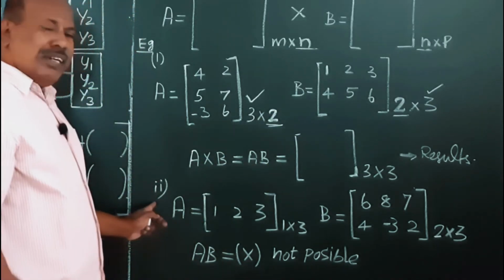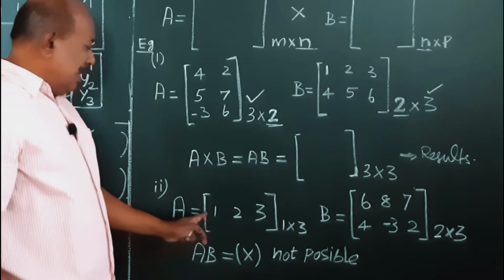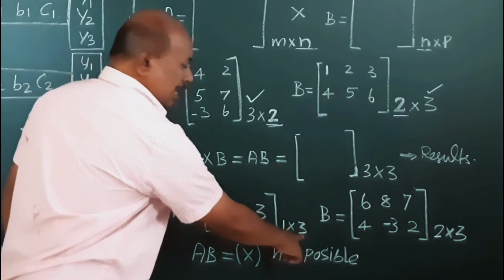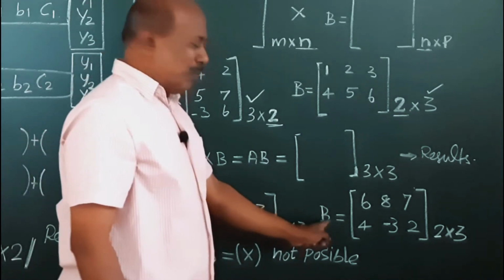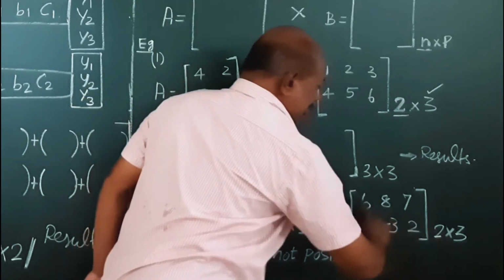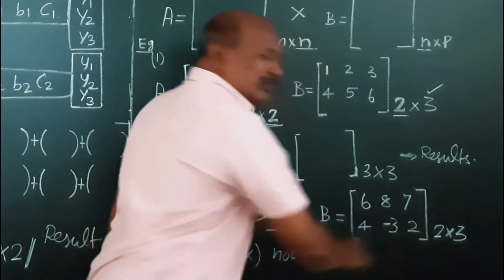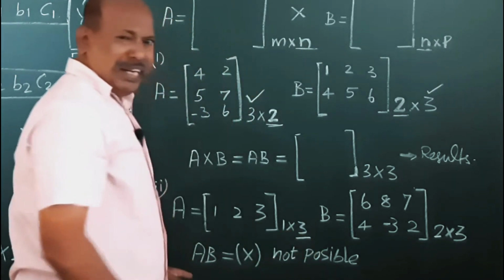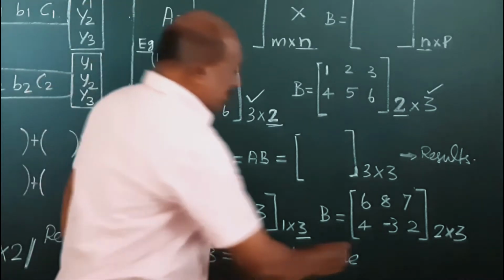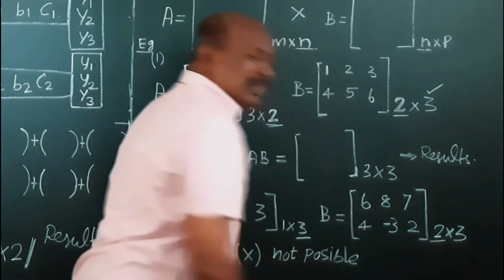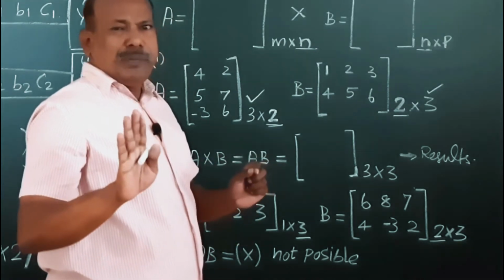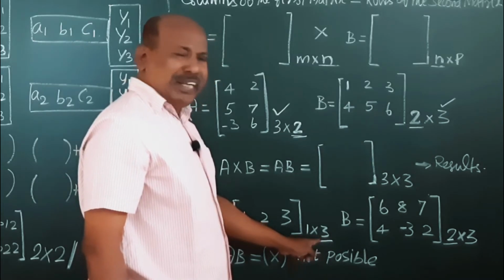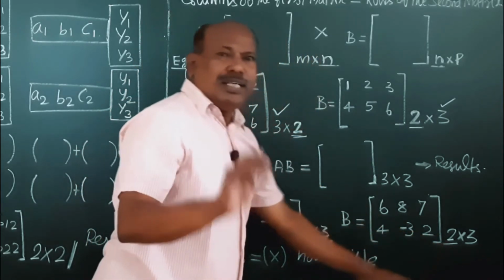Look at another example. A is a 1 by 3 matrix, 1 row, 3 columns. B matrix has 2 rows, 3 columns. Here, the column of the first matrix is 3, but the row of the second matrix is only 2.